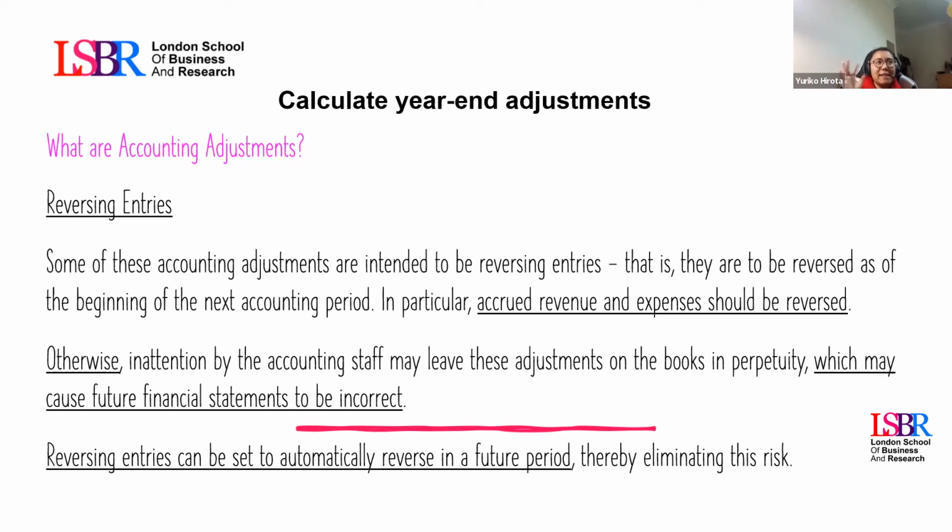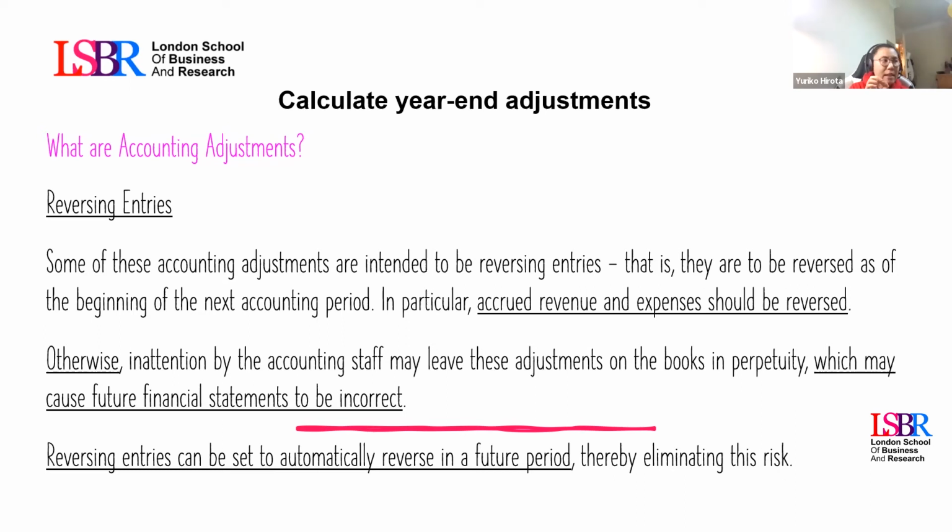It's almost sure, 99.9% that we are going to generate that transaction or operation. If we have a very high level of certainty that we are going to do that activity, we need to adjust our financial statements. When we are very sure about that, this is a reversing entry.